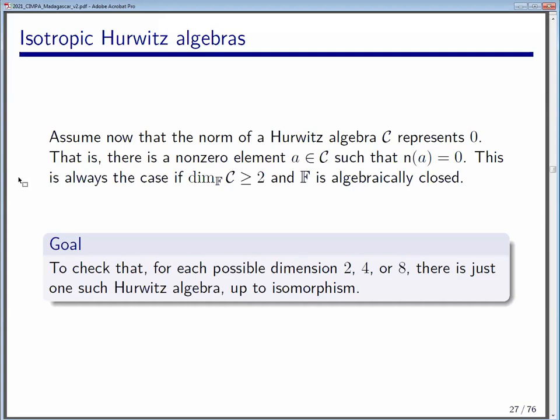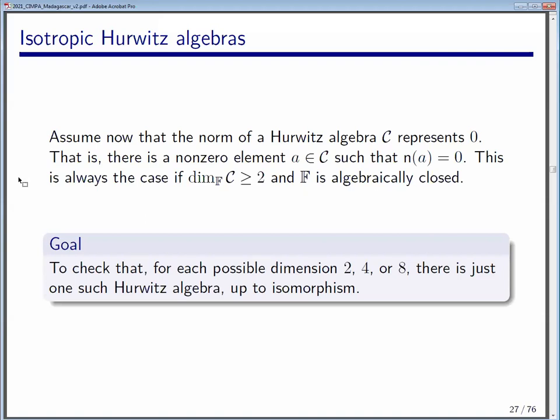And you know that there are non-zero matrices whose determinant is 0. Okay, so 2 by 2 matrices with the norm given by the determinant form an example of an isotropic Hurwitz algebra. It has dimension 4. The dimension has to be 1, 2, 4, or 8. In this case, it is 4 because it is associative. So there you have the first example of an isotropic Hurwitz algebra.